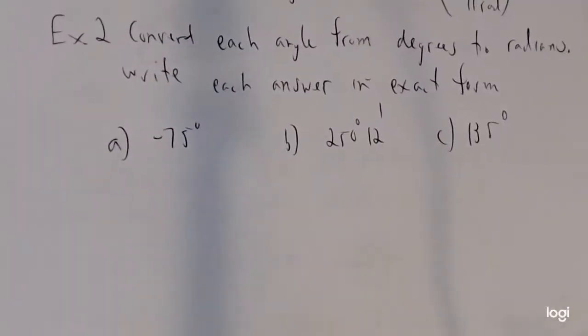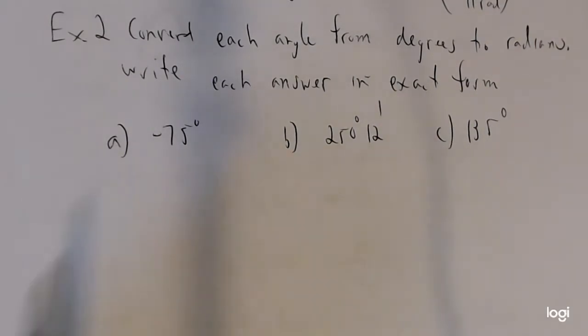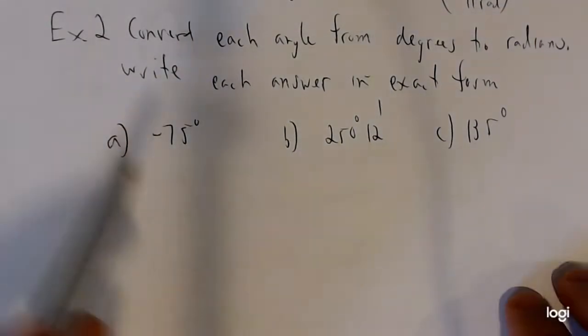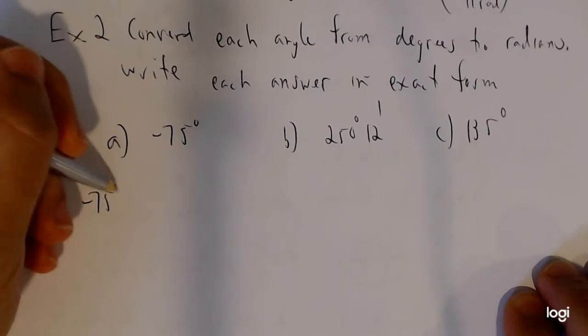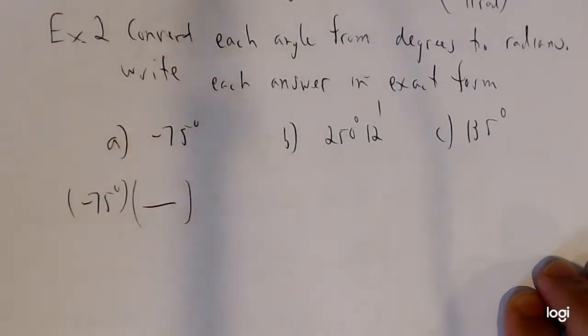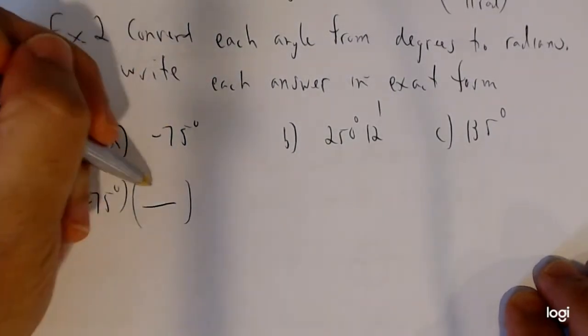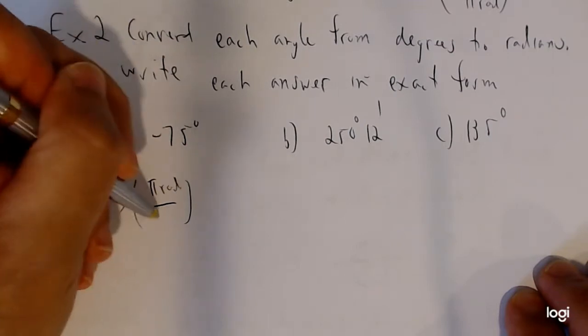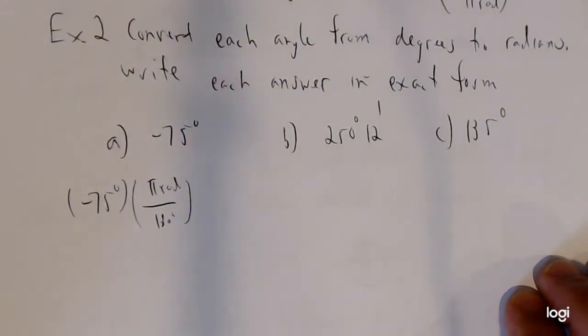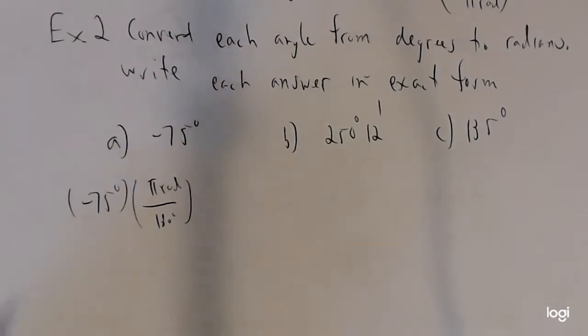Okay, so let's look at A first. I'm going to take negative 75 degrees and I want to convert this to radians, which means I would have to multiply this by pi radians over 180 degrees. And then what would this simplify to? I know that they both divide by 5, so let's simplify a little bit.